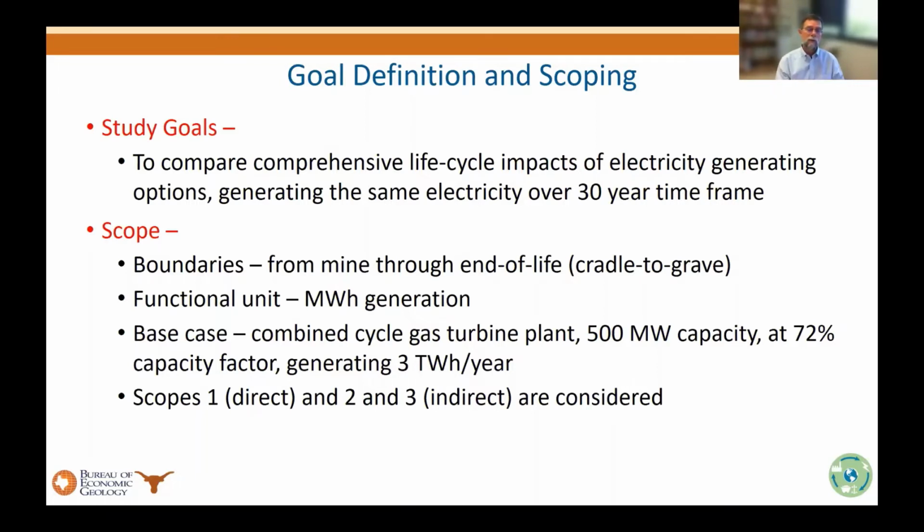So we have to size the capacity of the solar and wind, and we have to upsize that so that, given its capacity factor, we're able to generate the same amount of electricity. Our analyses are including scopes 1, 2, and 3. So we're doing all the direct impact, in other words, when the electricity is being generated, that's our product of the electrons.